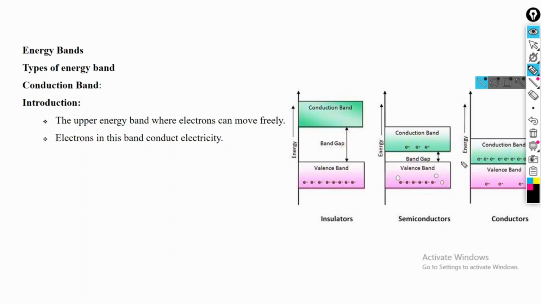As compared to the conductor, less number of electrons is present in the conduction band.